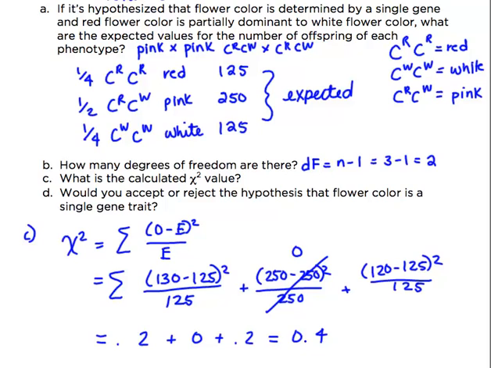It says for D, would you accept or reject the hypothesis that flower color is a single gene trait? So remember, our null hypothesis is that it is a single gene trait. So now we have our chi-square value of 0.4 and our degree of freedom of 2. So let's look at the table to see where this lies.